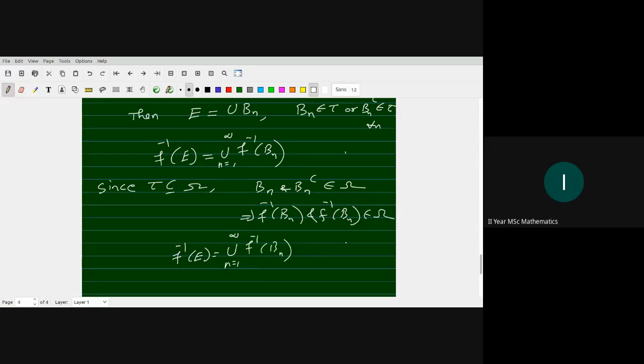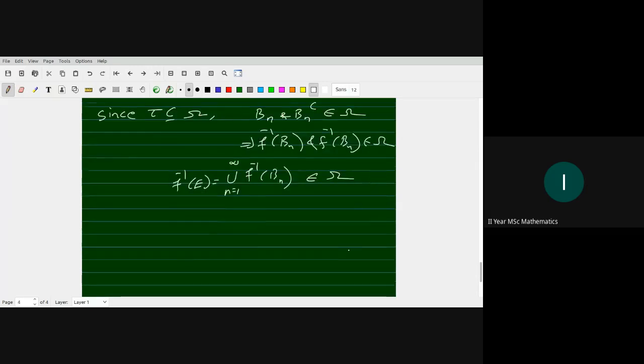Each F inverse of Bn is a member of omega. Omega is a sigma algebra, so a countable union of members of omega is again a member of omega. Sorry, this belongs to script A, so A is a sigma algebra, so this belongs to script A. Therefore E belongs to omega.